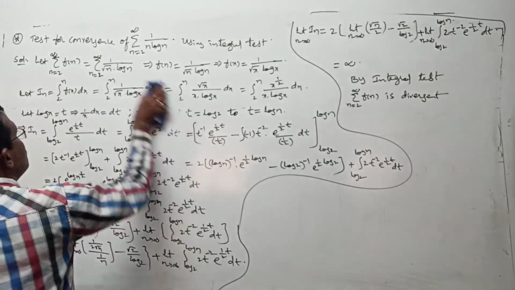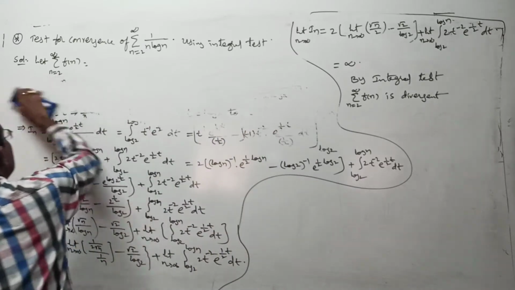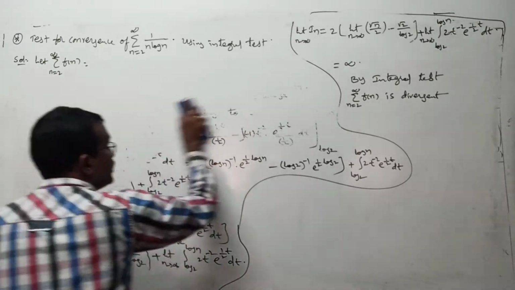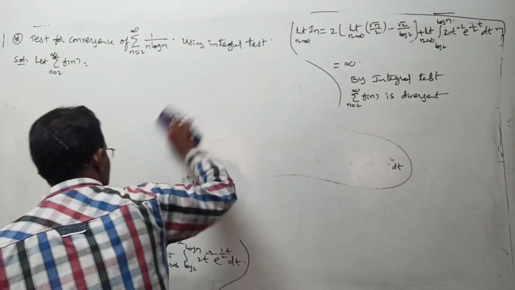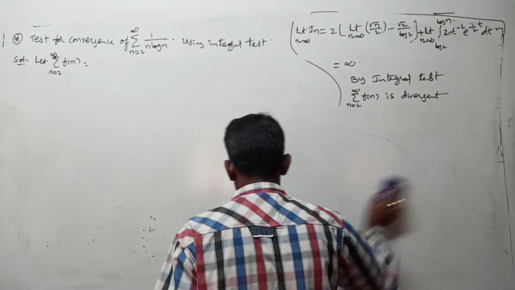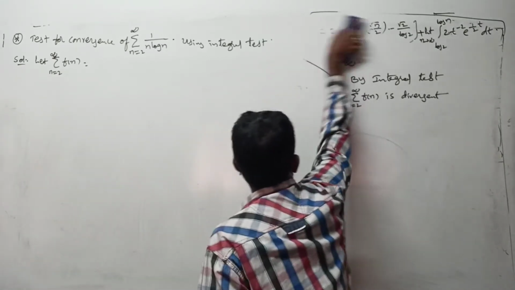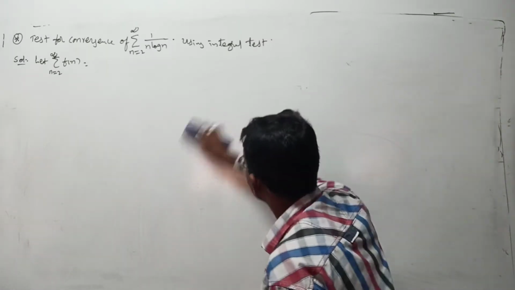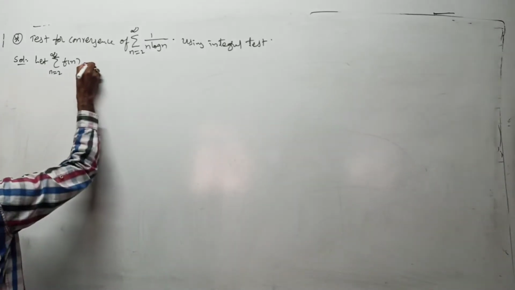Yes. First take your given series. It is sigma f of n from n equal to 2 to infinity. Yes, let sigma f of n from n equal to 2 to infinity be equal to what?